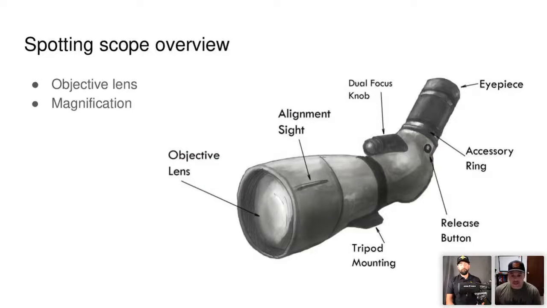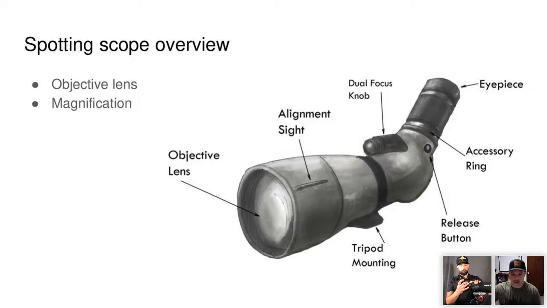So, like I said, the focus of the presentation today is going to be on using your phone with a spotting scope. If you do have questions about binoculars, please ask those as well. Just your basic spotting scope overview. You have your eyepiece, which some eyepieces are fixed magnification, so it's just like a straight 30x magnification, or it's a range of magnifications like 20 to 60x, and then your focus.